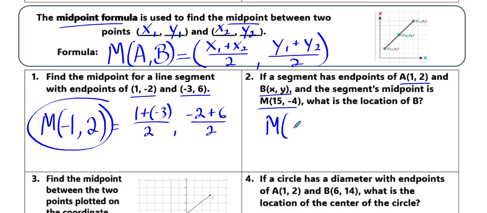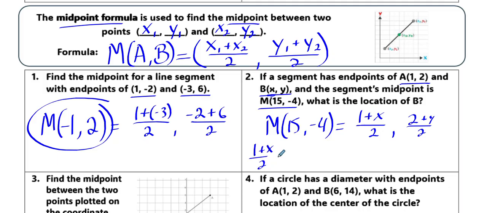So I'm going to say M is 15, -4, and we know we have to add these together, so it's going to be 1 plus x, we don't know that value yet, divided by 2, equals 2 plus y divided by 2. So we're looking to basically solve these two equations. 1 plus x divided by 2 equals 15, and 2 plus y divided by 2 equals -4.